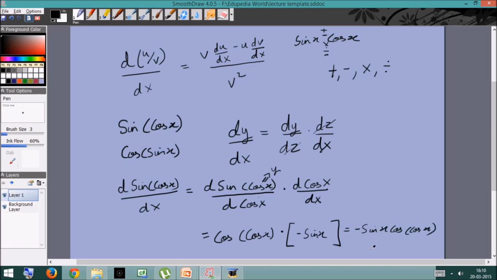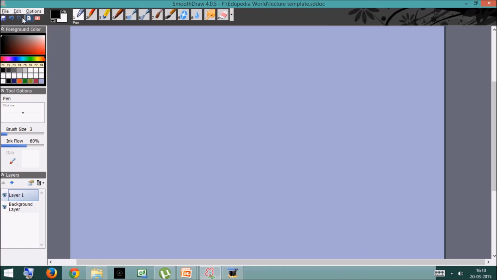Let me take another example to show this. Let's say you have the tan of ln x. You want to calculate the derivative with respect to x. So first of all, this is the tan of something. You know the derivative of the tan of x with respect to x. So in this case, you will write the denominator as this thing which is inside the bracket.